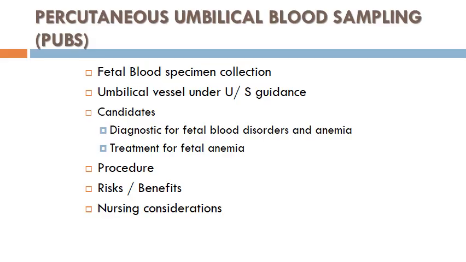Percutaneous umbilical blood sampling, better known as PUBS, is an interesting procedure. It's when they're actually going in under ultrasound guidance again, and instead of going into the amniotic fluid, they're going right into the umbilical cord, and they're withdrawing umbilical blood.